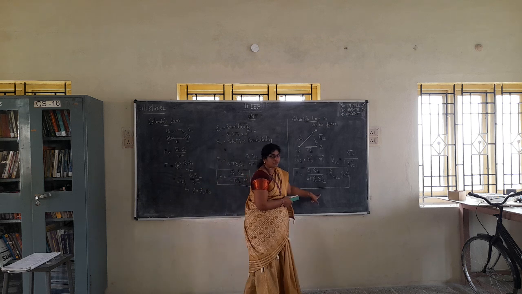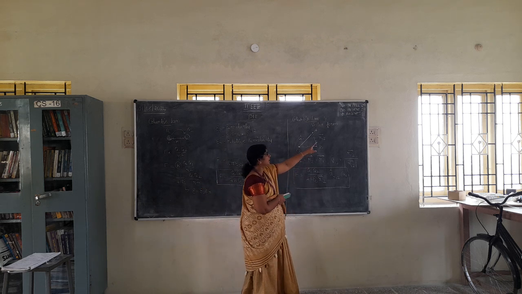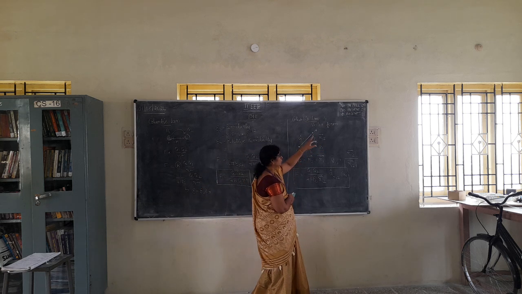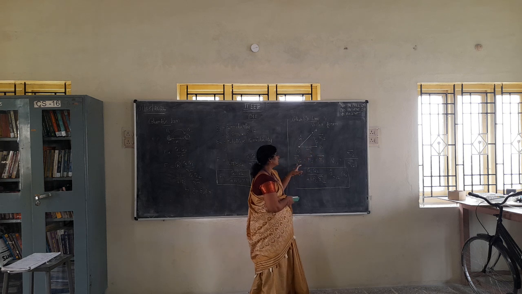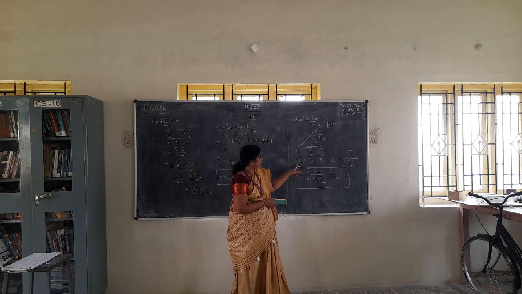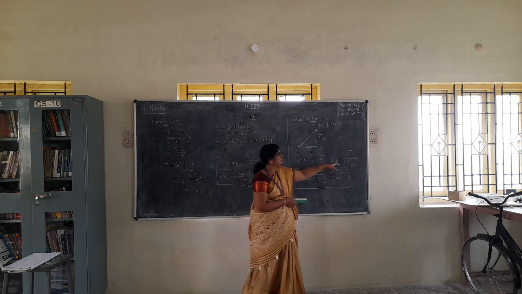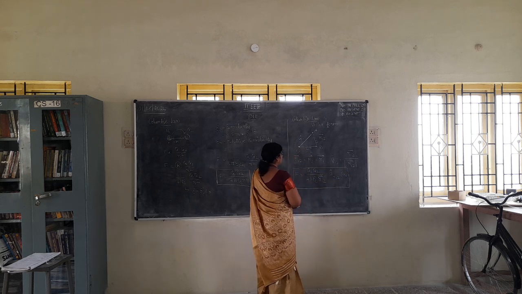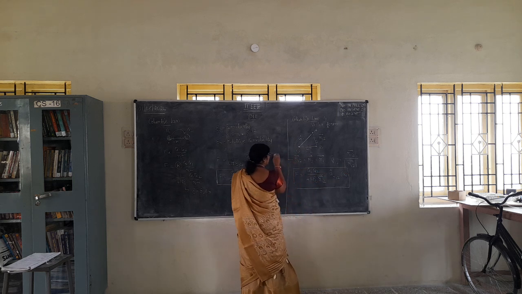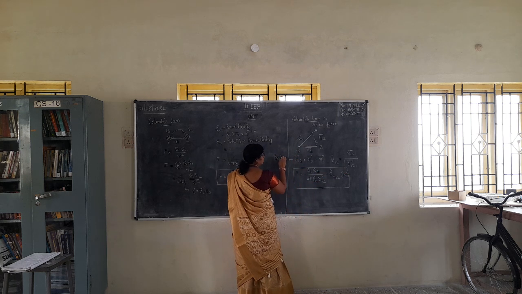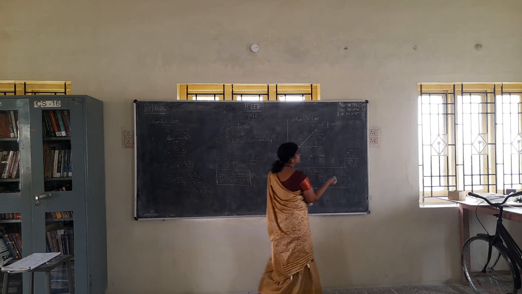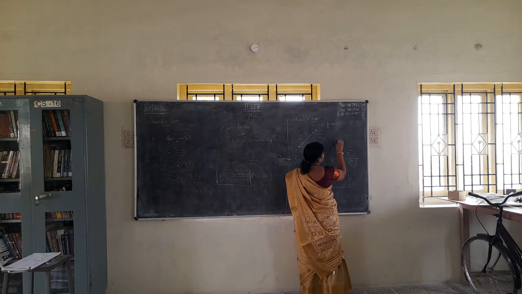In vector form, we replace the R vector with the position of A and B, so the distance includes the position vector as well as the unit vector. This is called the positional vector. When we have a positional vector, obviously we will have a unit vector.